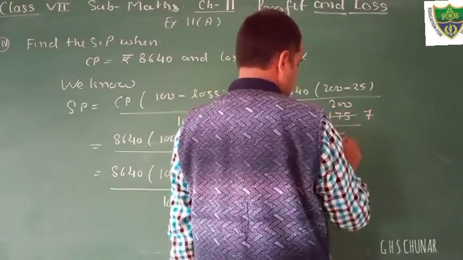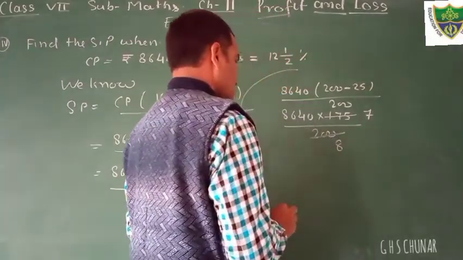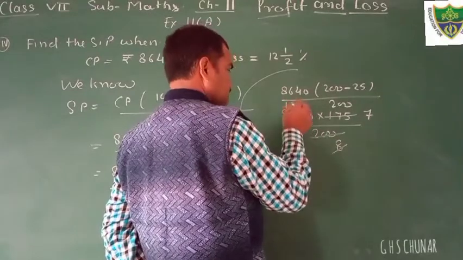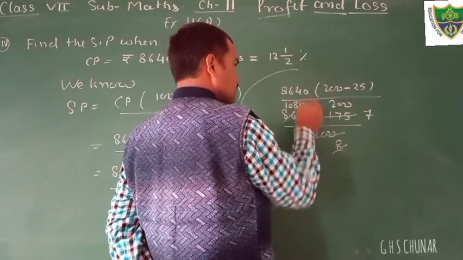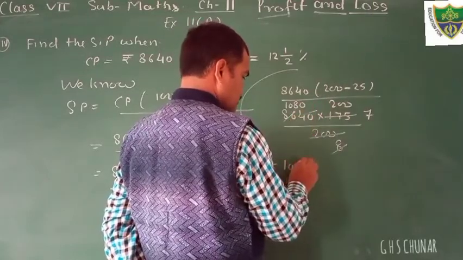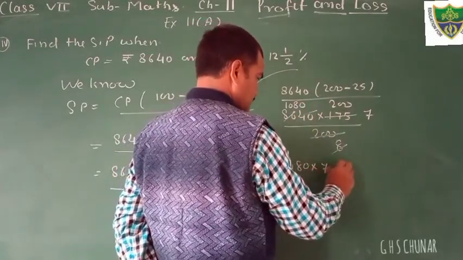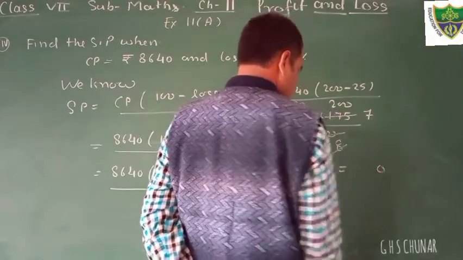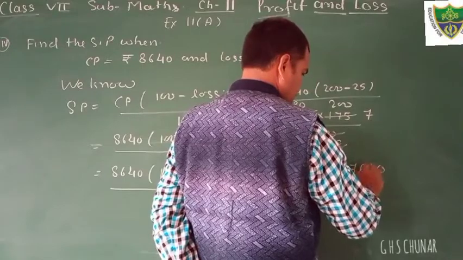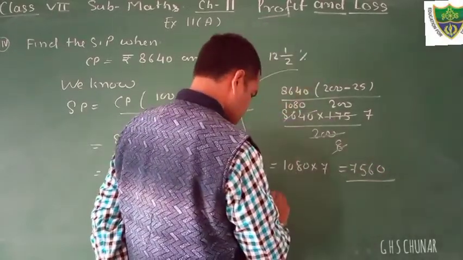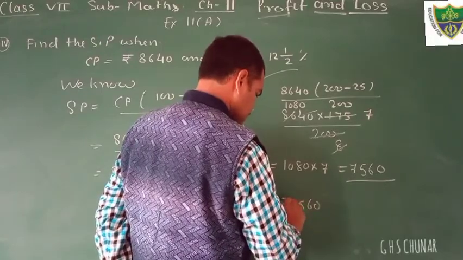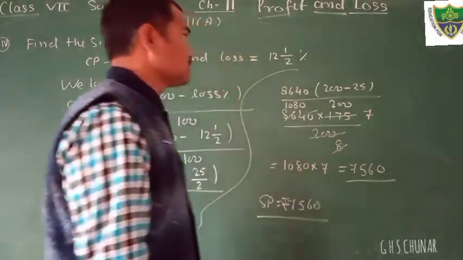Cancelling, we get 1080 multiplied by 7, which is 7560. So SP is equal to 7560. Okay, this is your answer. You note it.